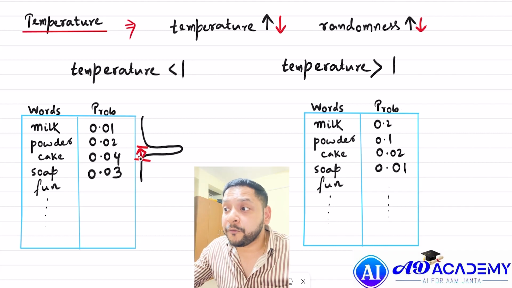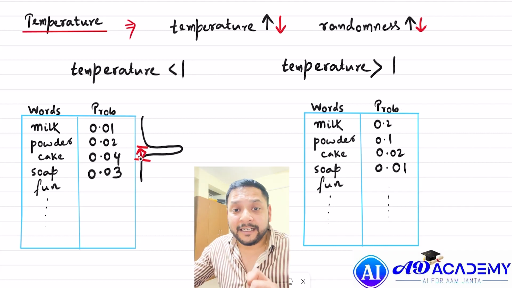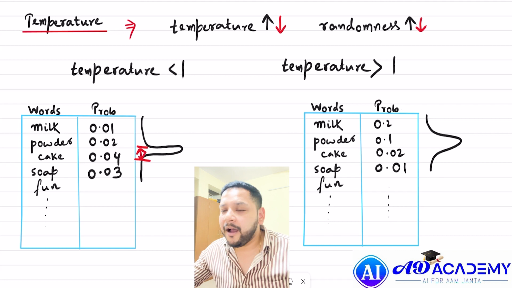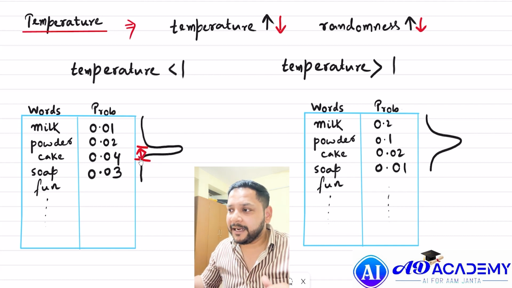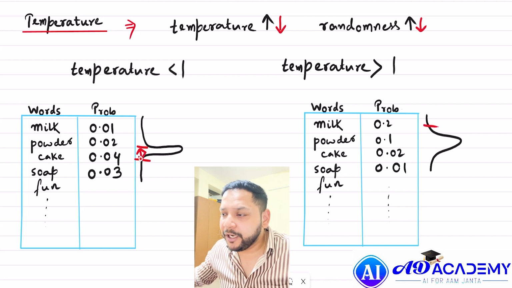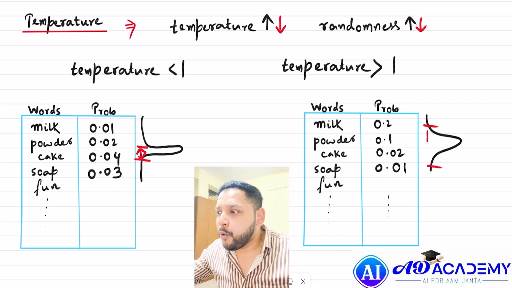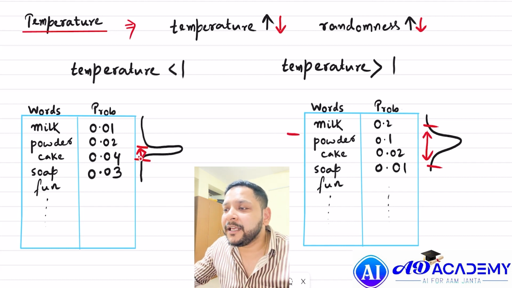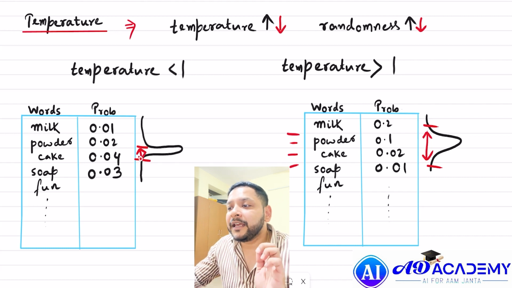But if you choose a temperature value greater than 1, then the probability distribution will have a flat bottom. It means that the window for choosing the word is large, and as a result the randomness is more, and more words can be chosen.